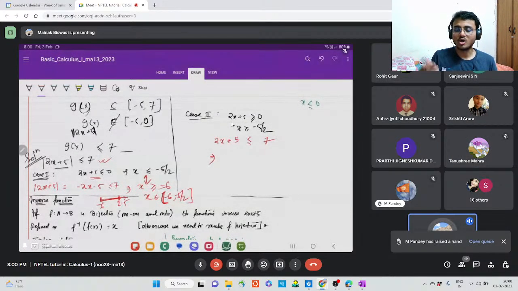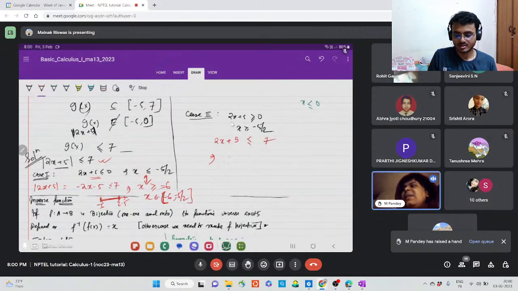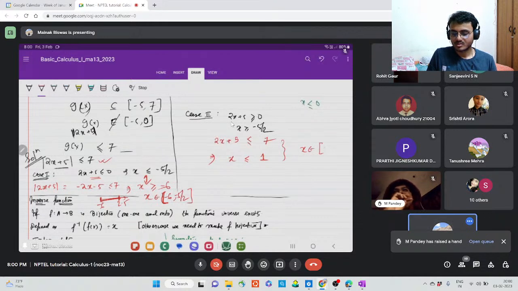So whenever you have a mod, you either put negative or positive. Yeah, go ahead, Mr. Pandey. 2x plus 5 is less than or equal to 7. So it's less than or equal to 1. So this means x is between minus 5 by 2 to 1. Right? Anyone has a doubt here?